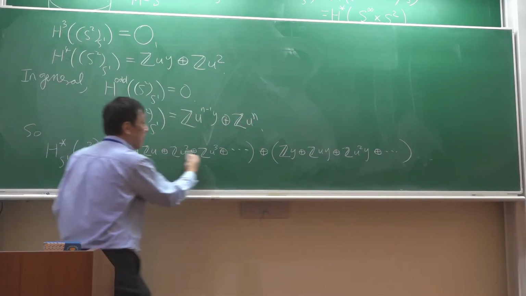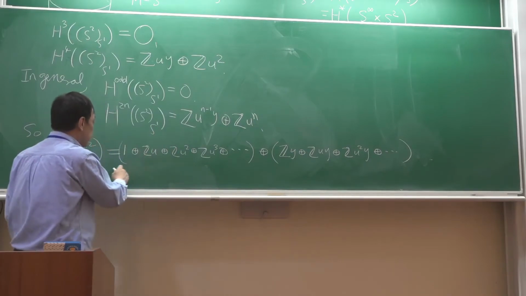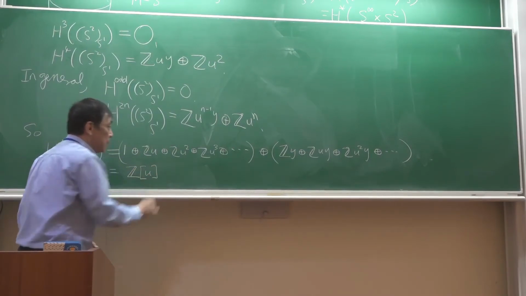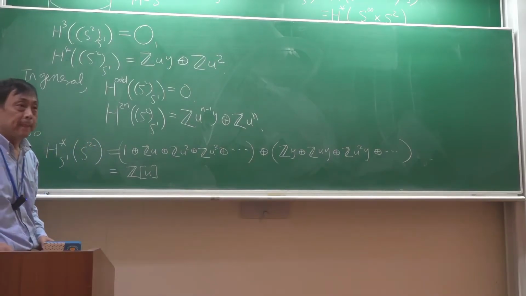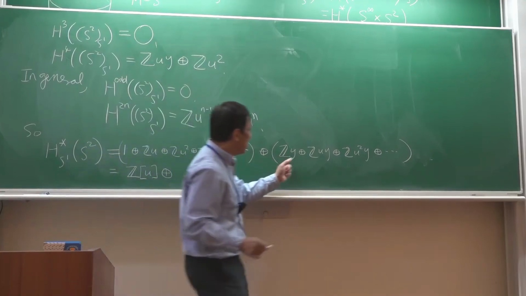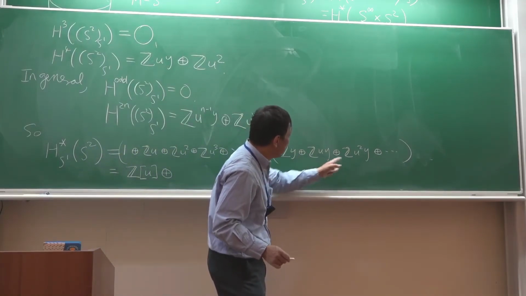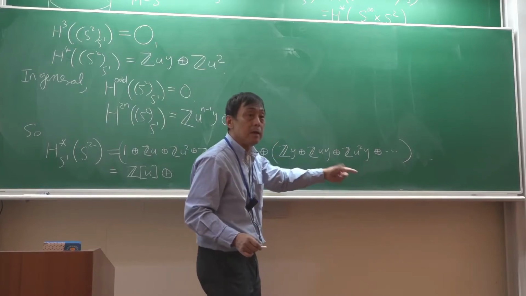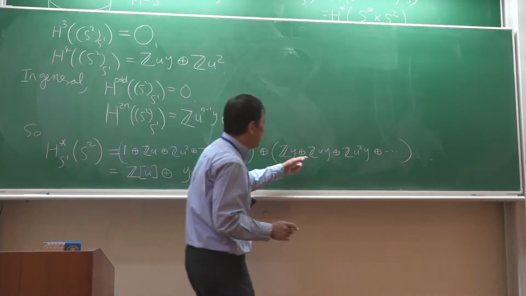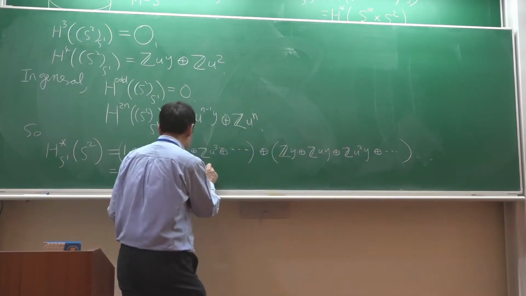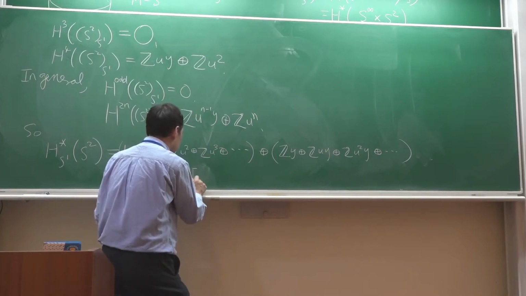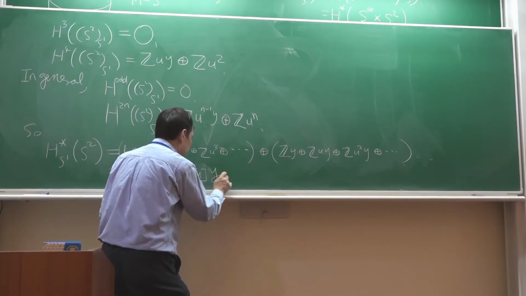Okay, now this first term, that's just the polynomial ring generated by U. Okay? And then the second term, everything has a y in it. So it's y times the polynomial ring. Okay, I'm going to write it this way, as the polynomial ring in U times y.